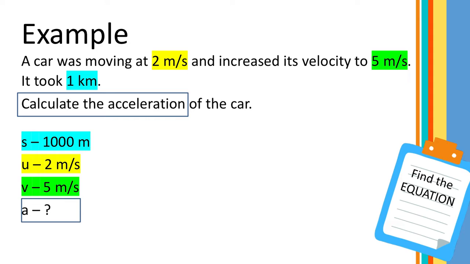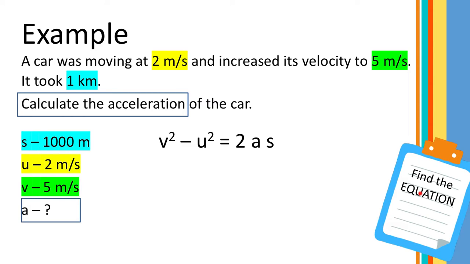Then it's a case of writing the values in. I've converted 1 kilometre by multiplying by 1,000, as there's 1,000 metres in 1 kilometre. The start velocity is 2, and it's increased its velocity, so that bit is the end velocity, 5. Calculate the acceleration, that's our box, and I'm going to put a question mark there for acceleration. That is what we need to find out.